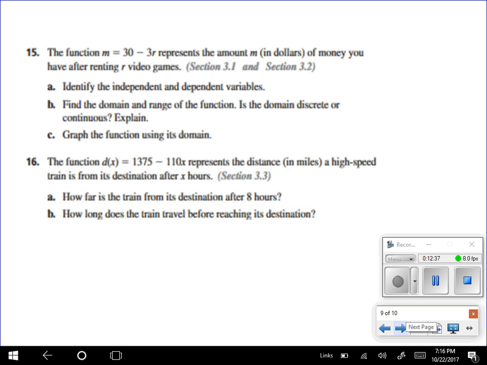Okay, I believe we skipped 15. So if we just jump to 16, it says the function d of x equals 1,375 minus 110x represents the distance in miles a high-speed train is from its destination after x hours. A says how far is the train from its destination after 8 hours. So x says the hours, so we're going to plug in 8 for x.